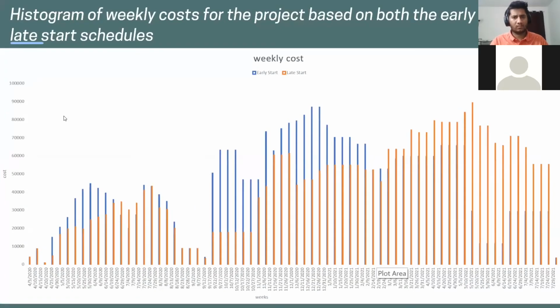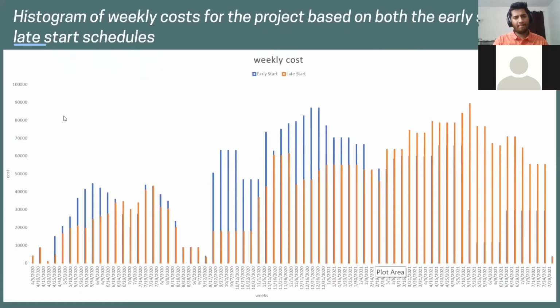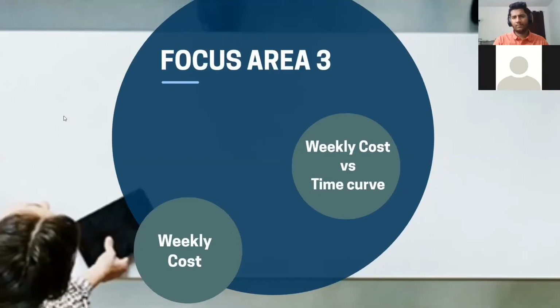From the data from the previous task, we found the late start and early start, and from that we created a histogram of weekly costs for the project. As you can see, the x-axis has the date for each week, and the y-axis is the cost, how much each week is going to cost for the project for each task.